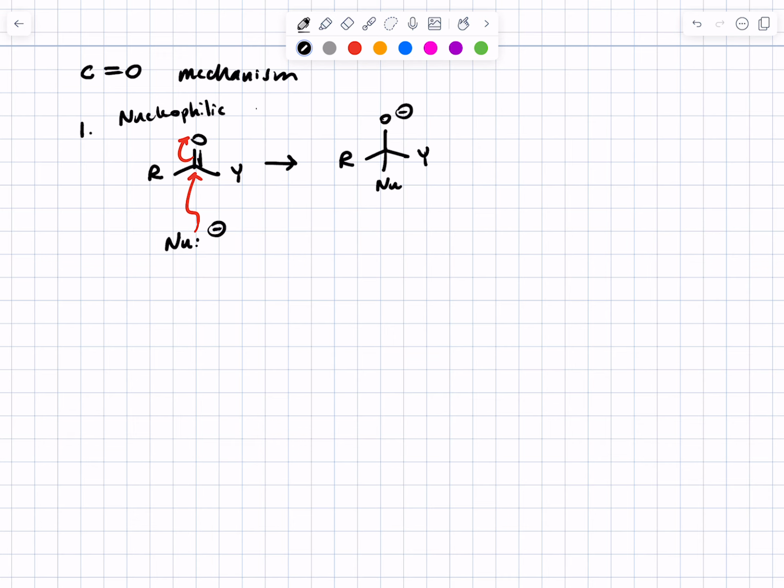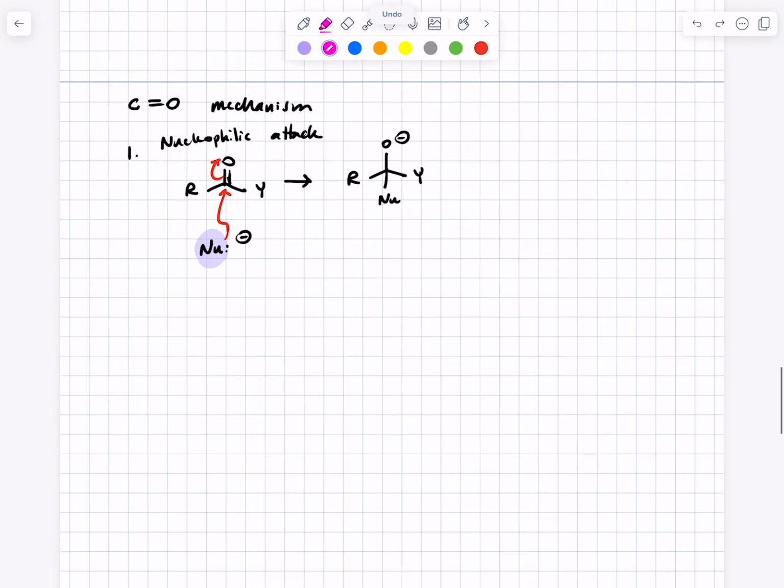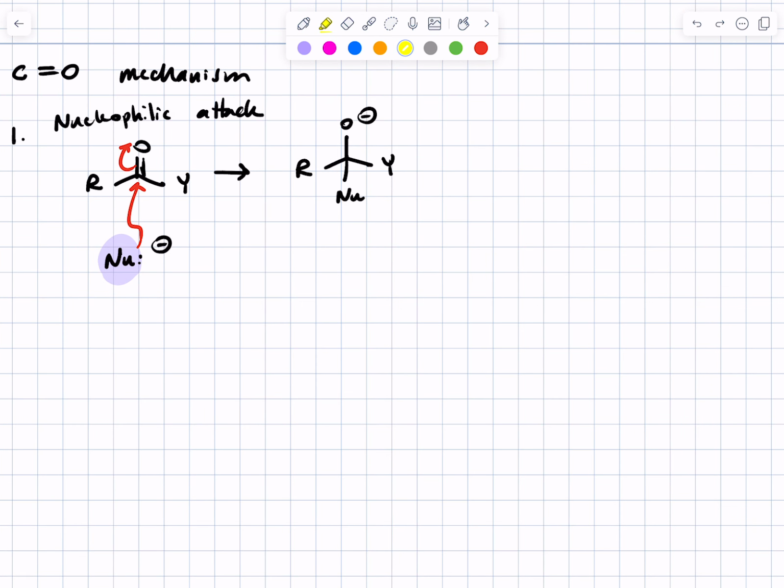I'm going to have some more to say about that step and how reasonable it is. How strong of a nucleophile do you need to be to attack a carbon-oxygen pi star? But today, our focus is going to be on the question of how good of a leaving group is the Y group, okay? So that's the tetrahedral intermediate.